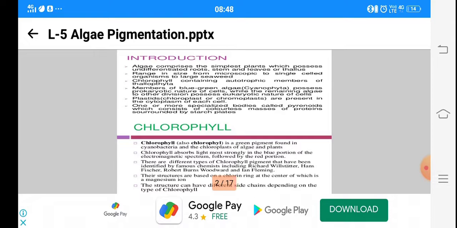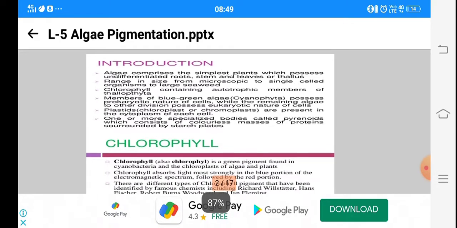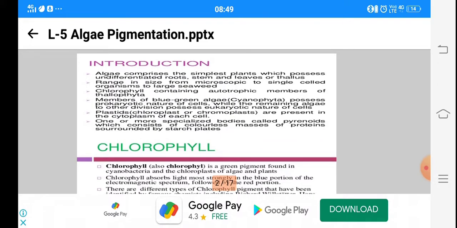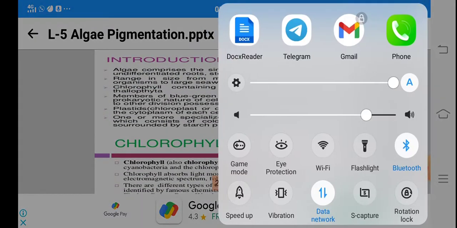The thallus ranges from microscopic to single-celled organisms, generally seen in freshwater and seawater, right?